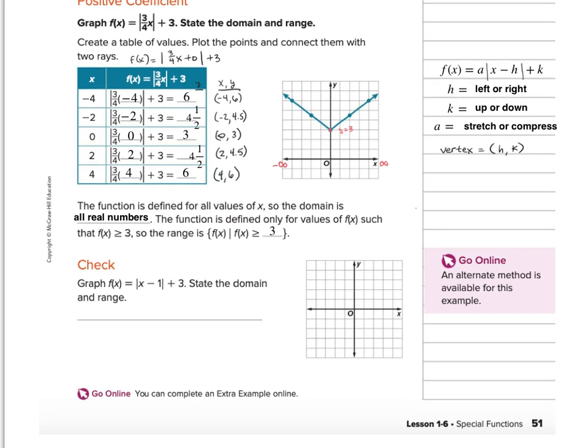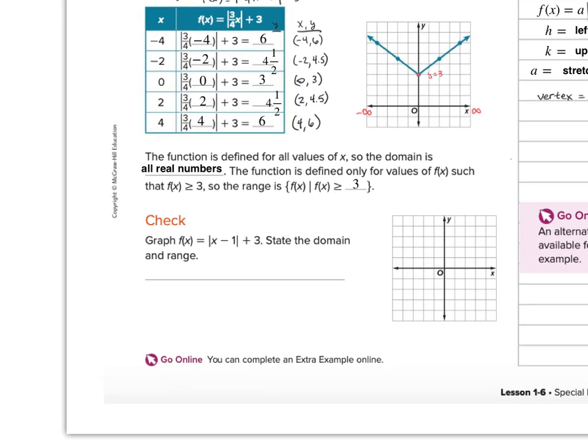So again, looking at this example, I have the absolute value of x minus h plus k. I meant to put x minus 1, right? So my vertex is going to be 1, 3.